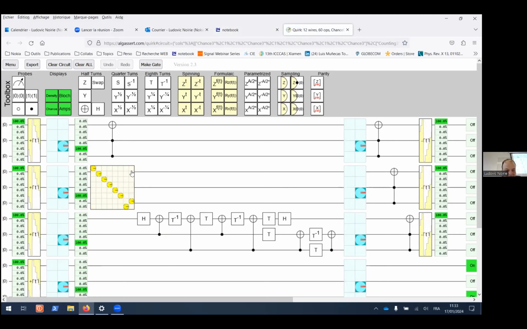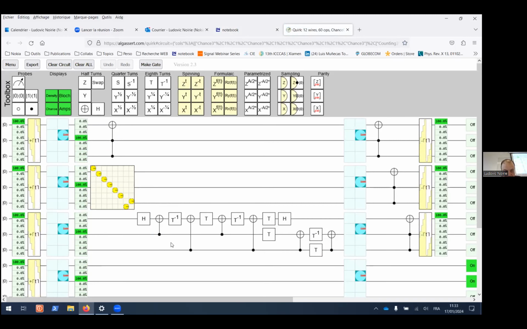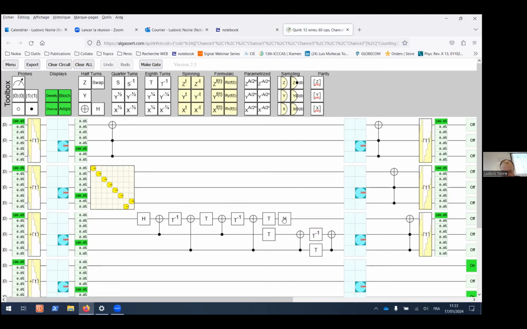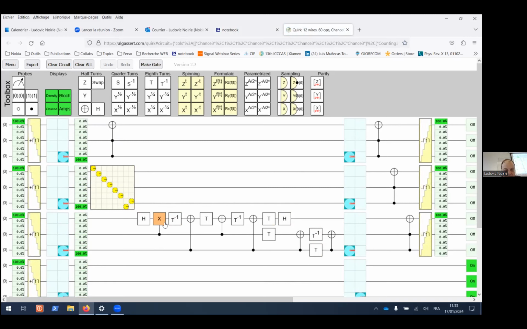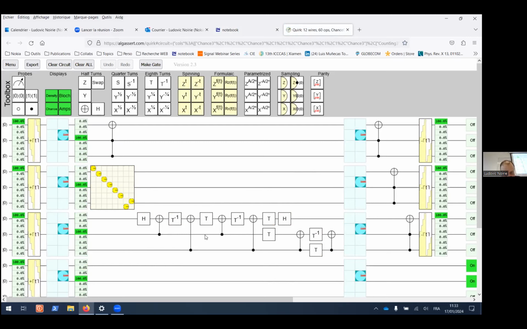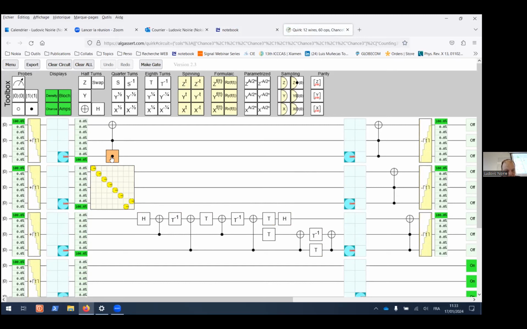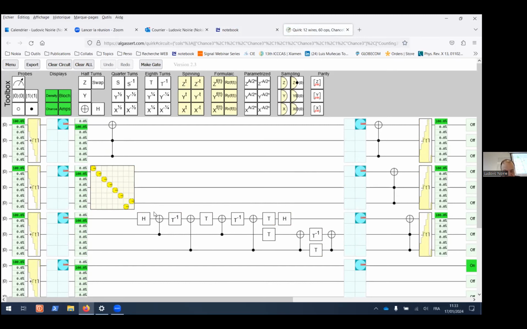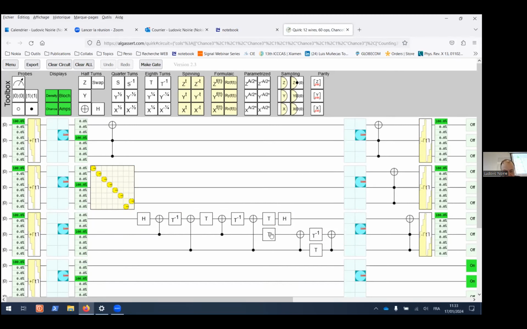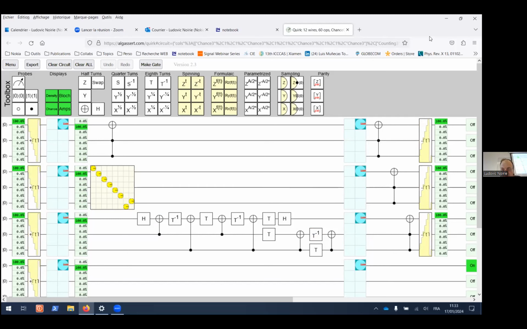This gate can be decomposed with control-not and rotation matrices like this. Just to show you that some researchers found a way to decompose these 3-qubit unitary gates with only control gates and gates that represent rotations of single qubits.